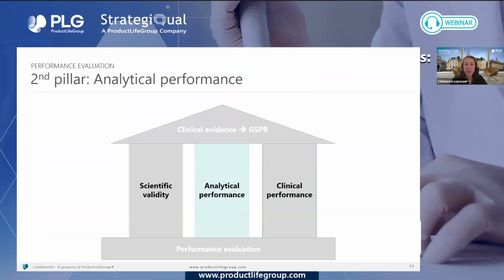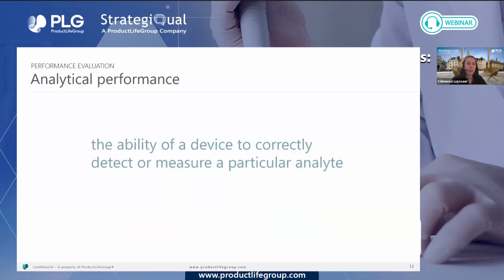So we saw what parameters of an IVD are involved for the scientific validity. Let's do the same work for the second pillar, analytical performance. The analytical performance of a device represents its ability to correctly detect or measure a given analyte.